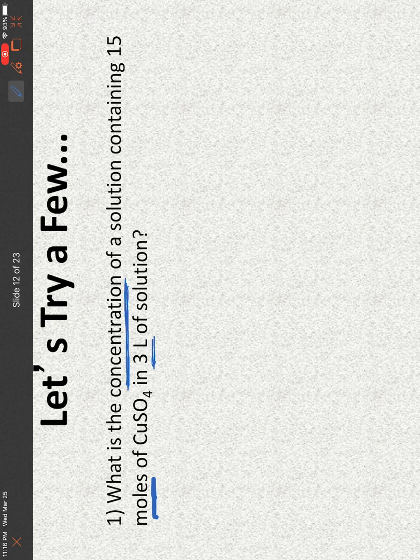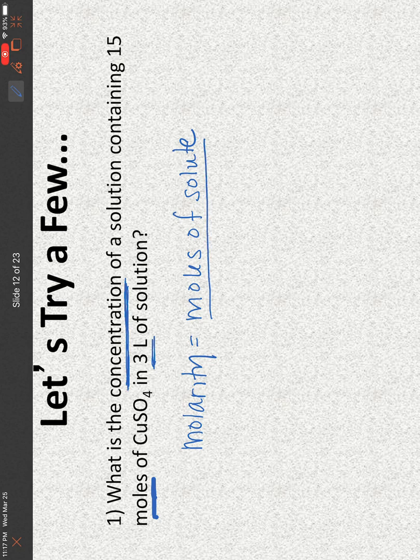And since they're also talking about moles and liters, we know that's going to be the molarity formula. And the molarity formula is molarity equals moles of solute divided by liters of solution.